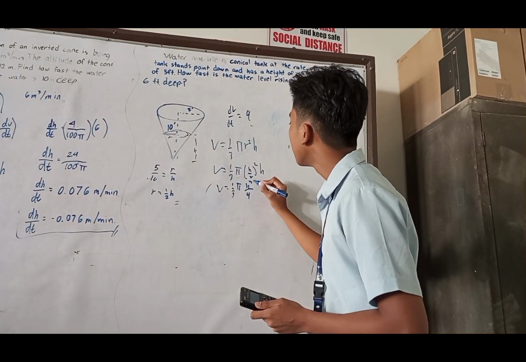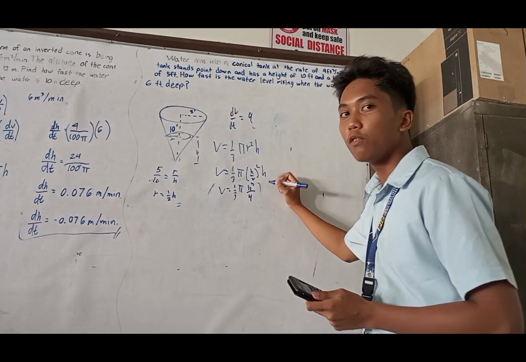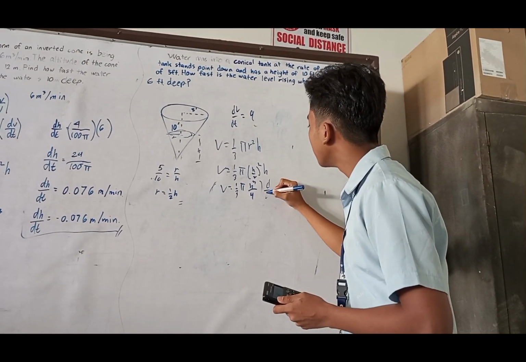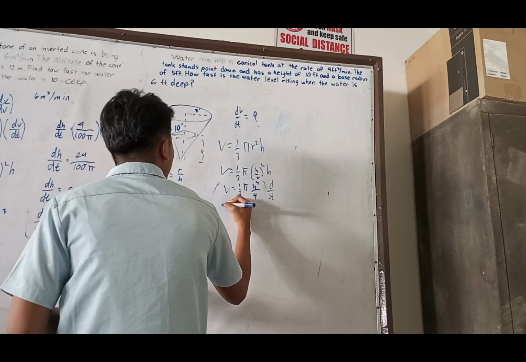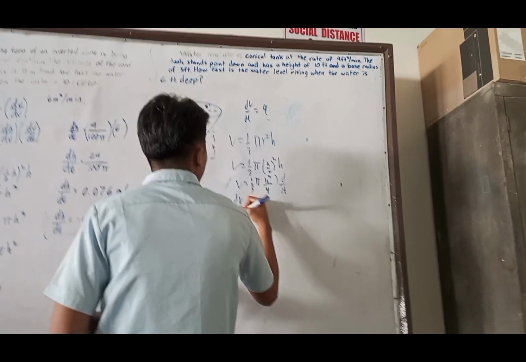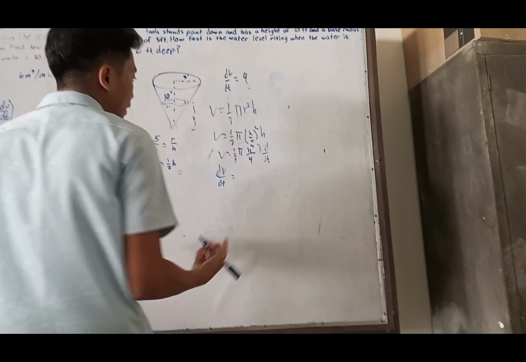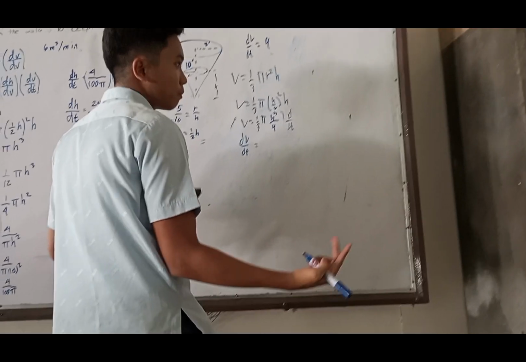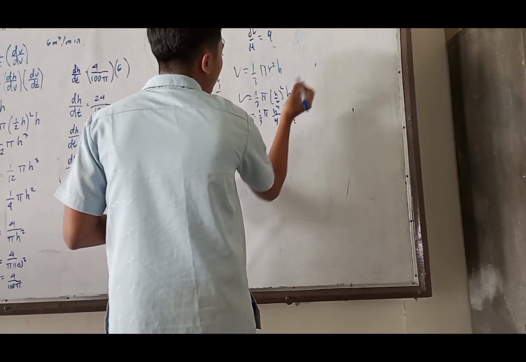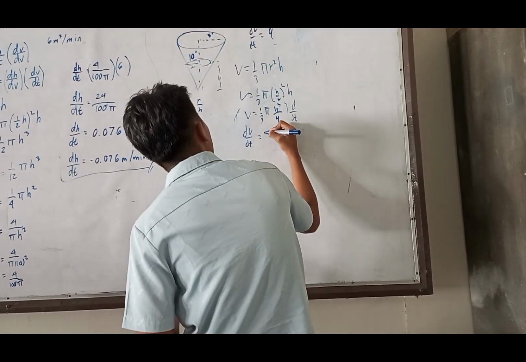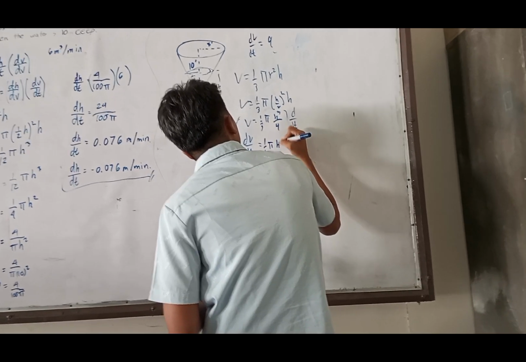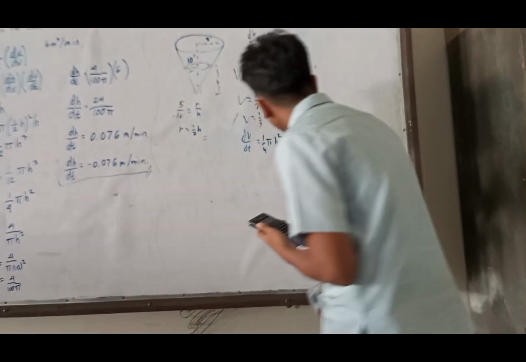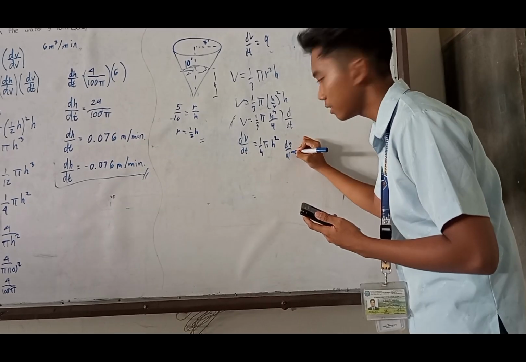Let us derive this in terms of time, d over dt. Then dV over dt is equal to the derivative: bring down 3, cancel, then 1/4 pi h squared dh over dt.